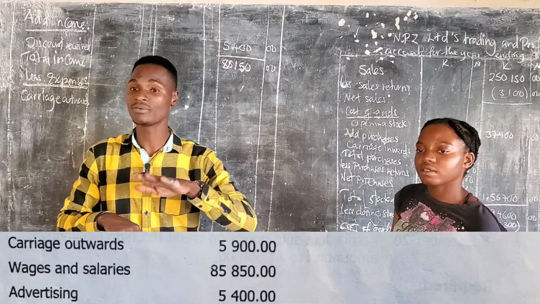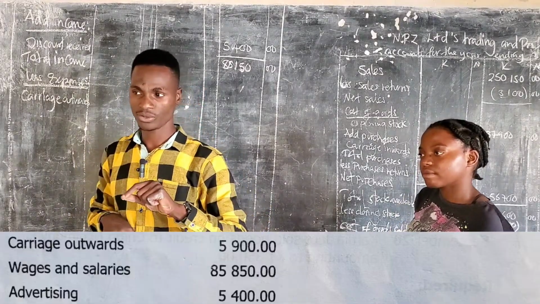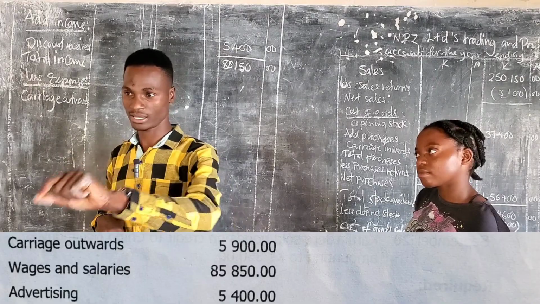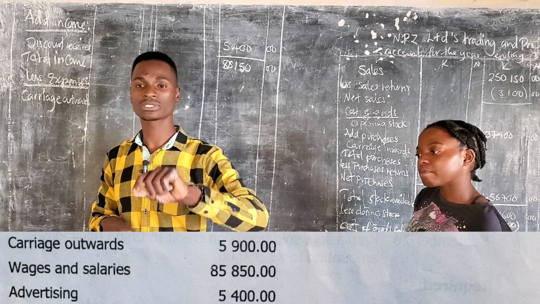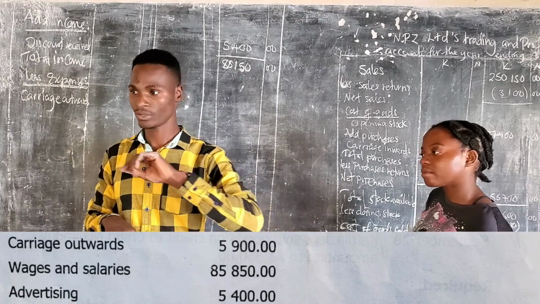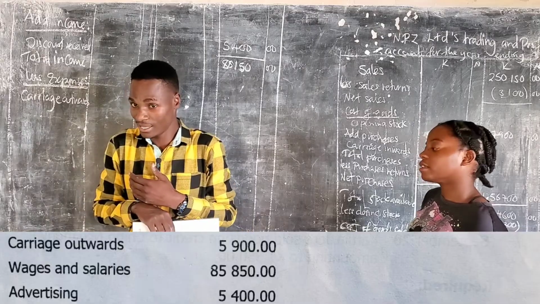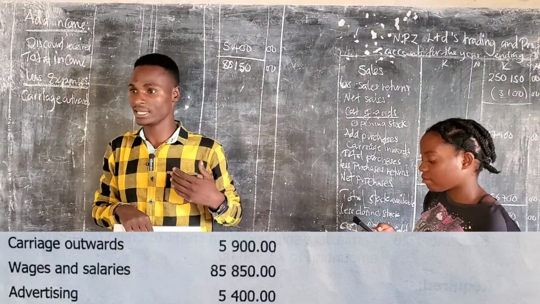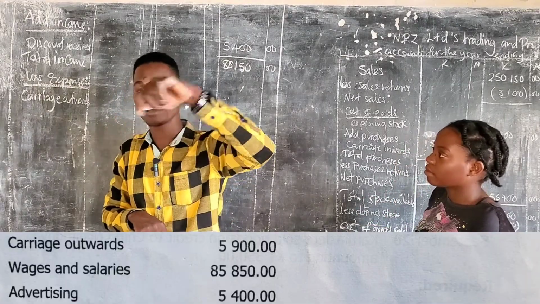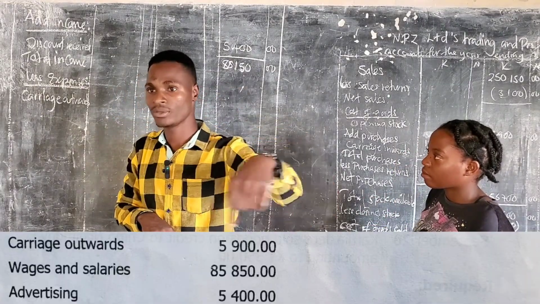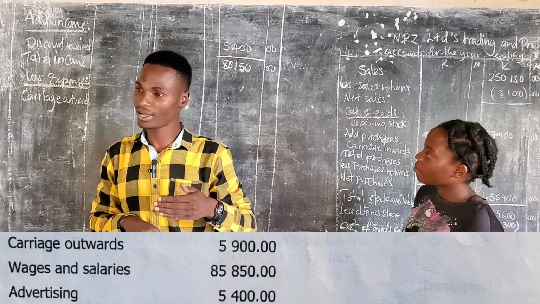That free transport, you're supposed to pay for the driver, for fuel, and also servicing the vehicle. So to you it is an expense. Instead of the customer paying for the goods transport, you're going to pay. So you should include it as carriage outward.